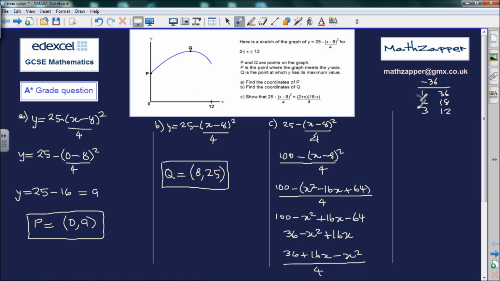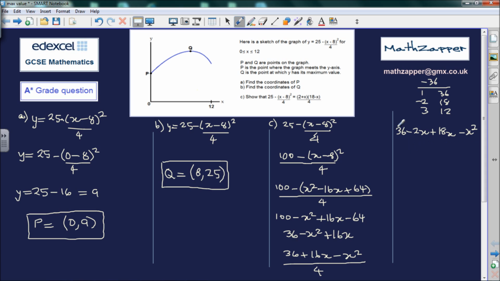In actual fact, negative 2 multiplied by 18 gives us negative 36, and that is what we'll use in place of 16x. We'll have minus 2x and plus 18x in order to factorize it. So we've got 36, and instead of plus 16x we're now going to have minus 2x plus 18x minus x squared. Remembering that it's all over 4, we'll put that in at the end.